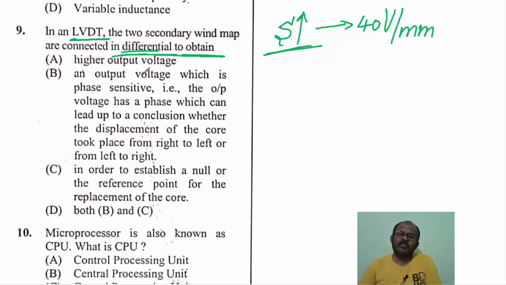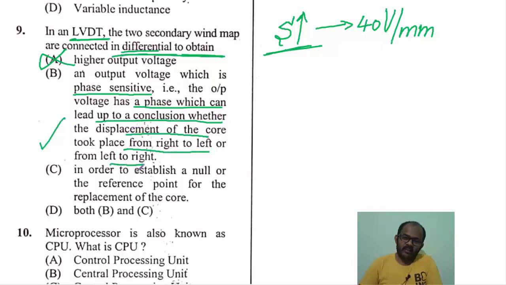So why we are going for this method is not for higher output voltage. We choose this because of phase sensitivity, nothing but the output voltage has a phase which can lead to a conclusion whether the displacement of the core is from right to left or from left to right.